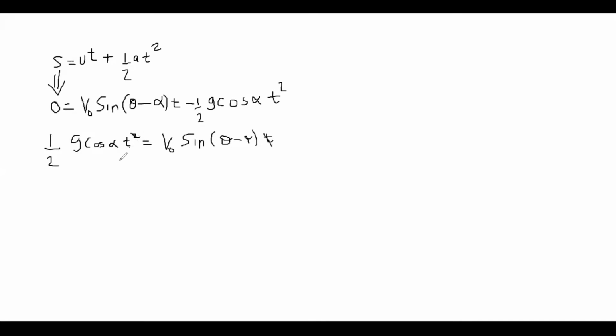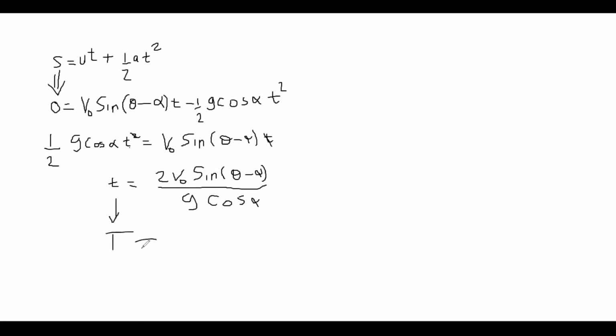If we make t the subject, t is equal to 2 V naught sine of theta minus alpha in brackets, we divide by g cos of alpha. Now this one will represent our time of flight.